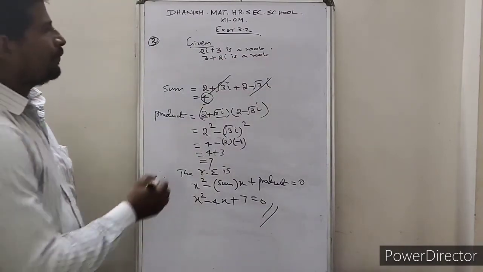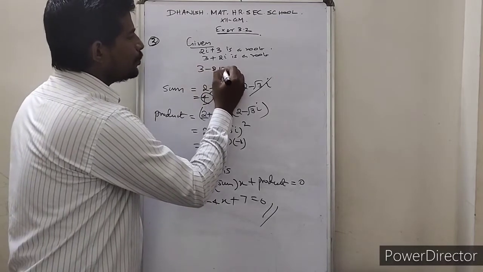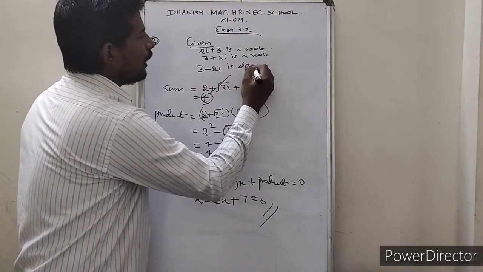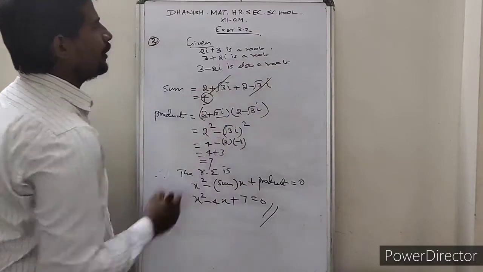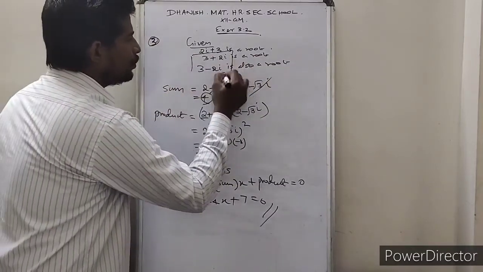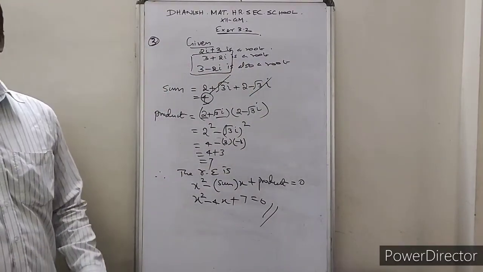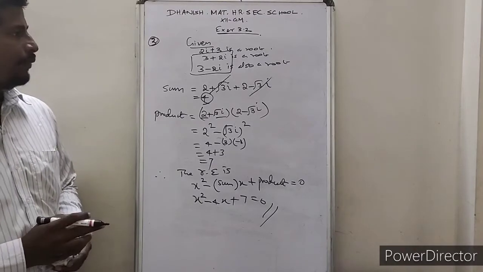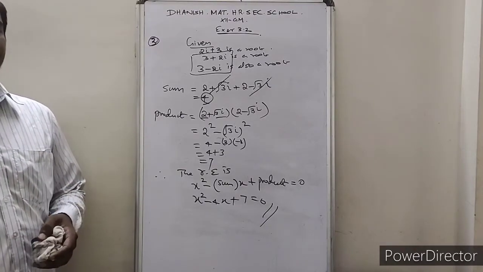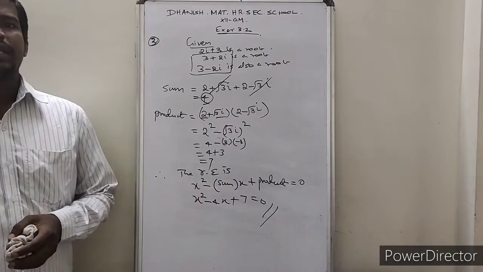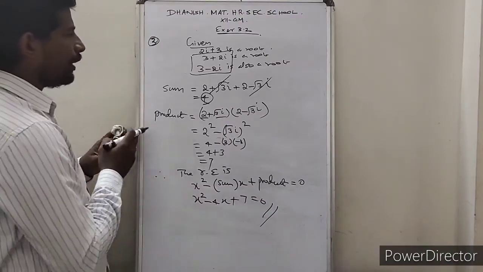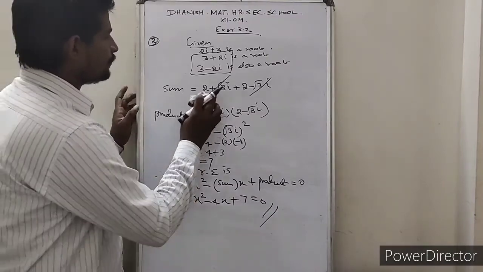By using the theorem, 3 minus 2i is also a root. Here we are having two roots. With the help of two roots, we can write a quadratic equation. For a quadratic equation, we should know the sum of the roots as well as the product of the roots. First, I am going to write sum as well as product.